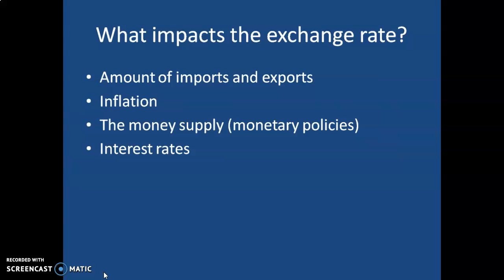So as more and more people overseas want to take advantage of America's higher interest rates, they will exchange their currency for dollars. They will demand more dollars, and that's going to force the value of the US dollar to go up compared to the countries overseas. So the higher the interest rate, the greater the value of the currency, or the currency will appreciate.